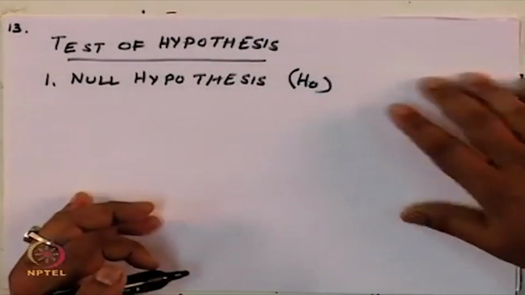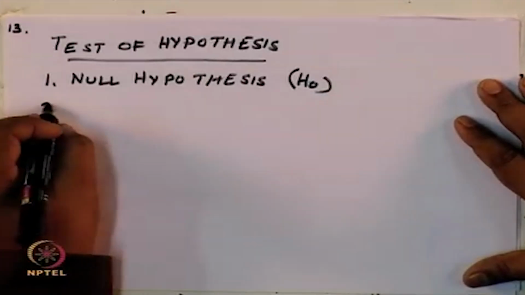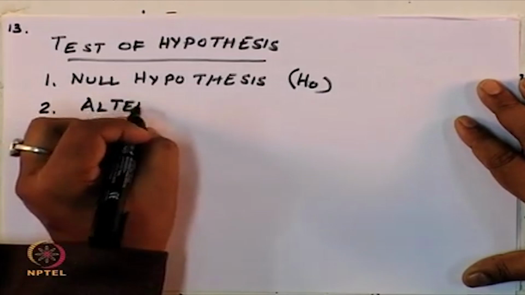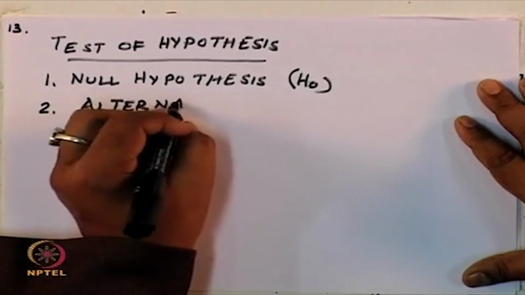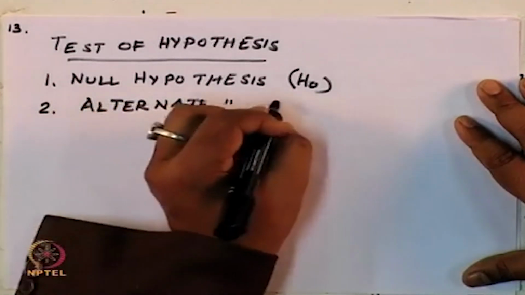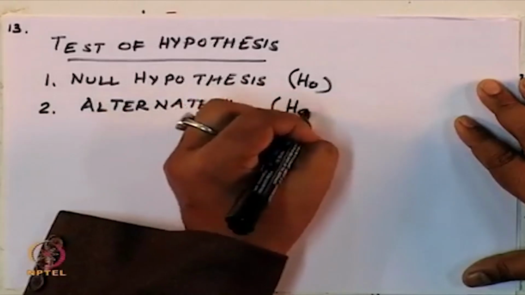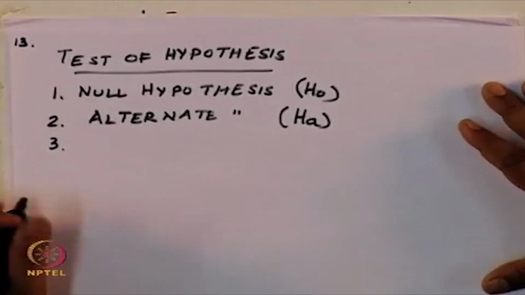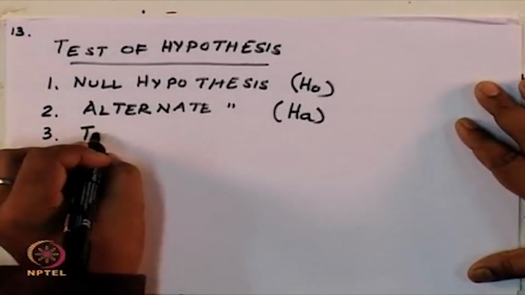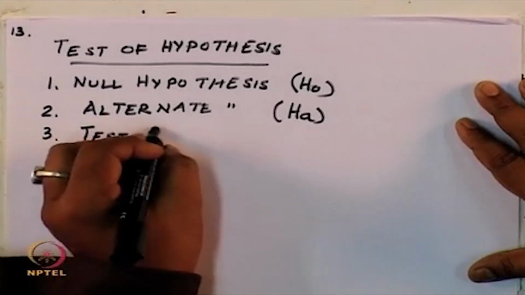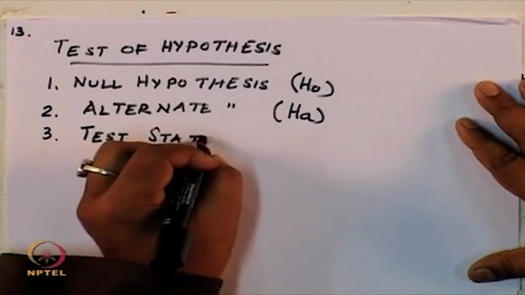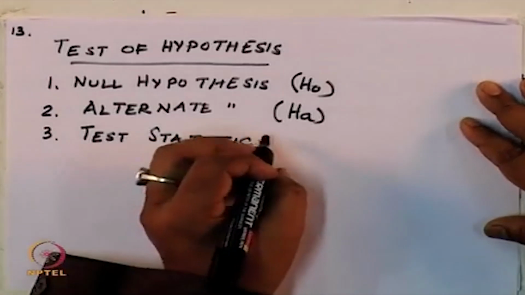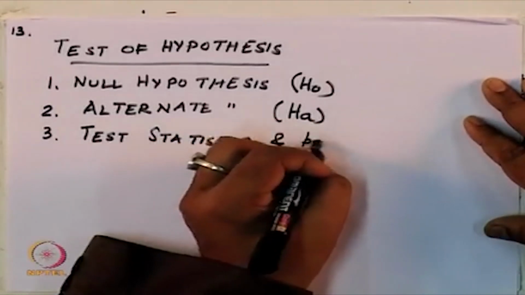You have an alternate hypothesis, typically represented as H A. Based on the evidence, you calculate something called a test statistic, and using the test statistic, you calculate something called a p value.